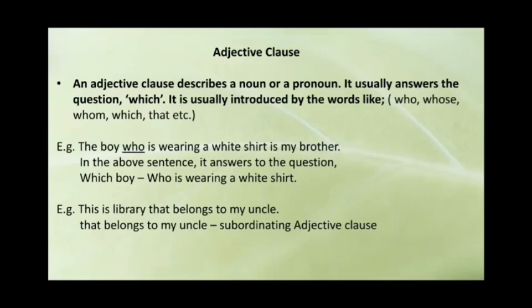Which boy? It is describing. Next example, this is a library that belongs to my uncle. So in this sentence as well, that belongs to my uncle is the subordinate adjective clause, because a library is being described that belongs to someone's uncle.